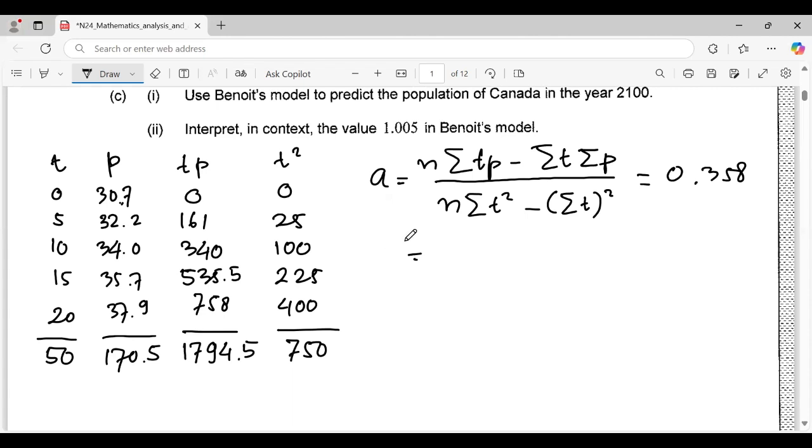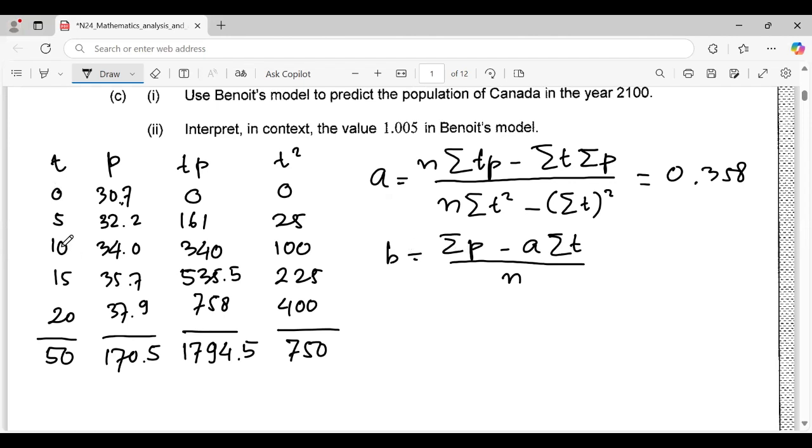Now the B formula is sigma P minus A times sigma T, over N. If you substitute sigma P, this one, and A, this one, 0.358, and sigma T, this is 50, over N. How much is N?